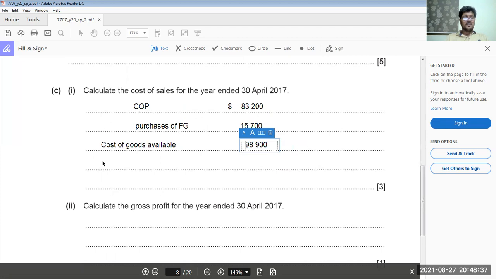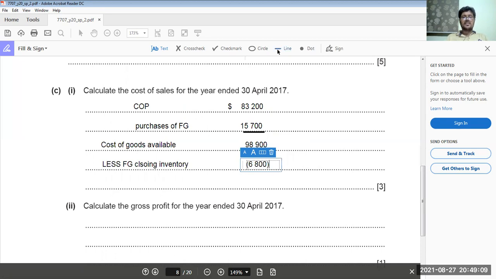And what we have to do, we have to deduct here the finished goods closing inventory. Finished goods closing inventory is given there, 6,800. Write it in brackets so we remember we have to deduct it.